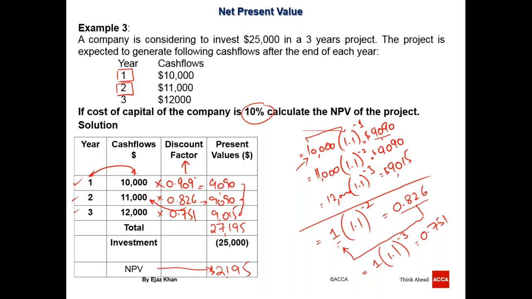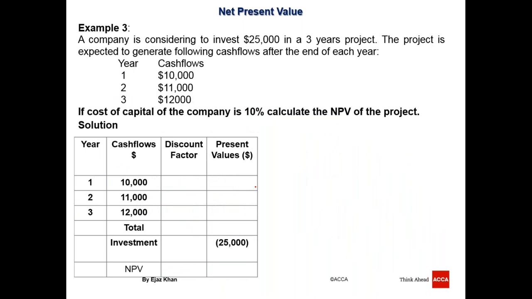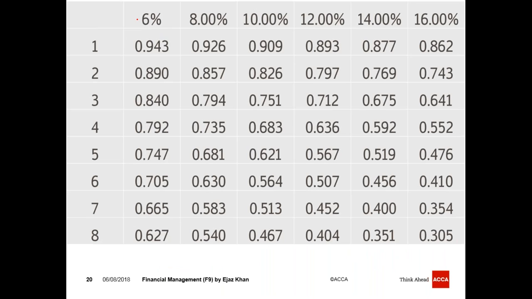So it would be too convenient for us if we know these discount factors in advance. All we need is to pick the relevant discount factors and then multiply them with the cash flows to get the present values. So in the exams, you will be given a table called present value table, and it will be in this form as on your screens. What we need to do is to pick the relevant column, which will depend on the discount rate that we are using, and it will depend on the value of n.